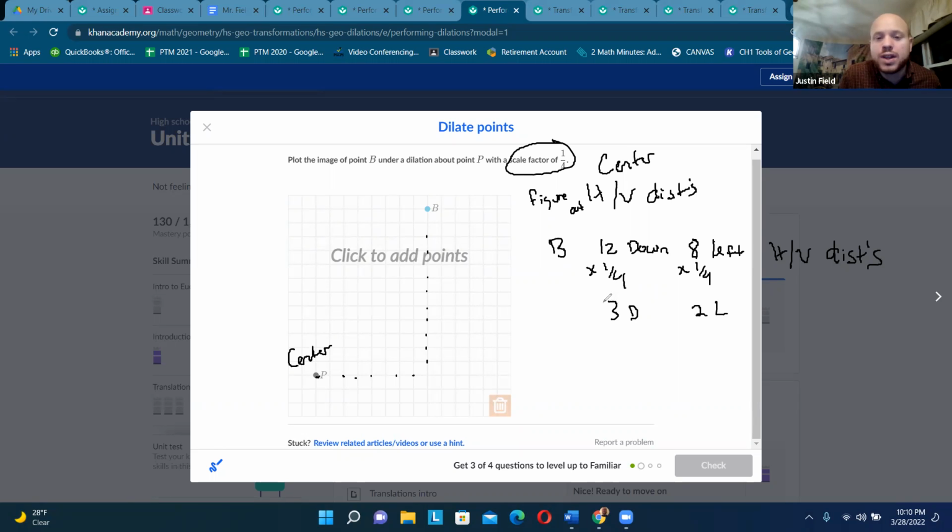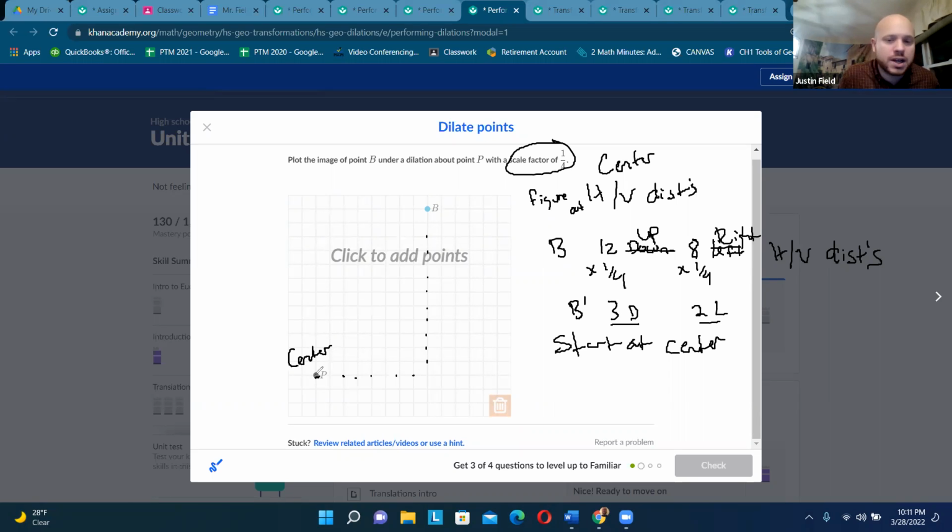All right, so that means to get to B prime, we start at the center. Can't say that enough. And we're going to go 3 down and 2 left. Oh, I did not start at the center when I did my directions. So that would just change it. So to go from the center, you would have to go 12 up and 8 right.